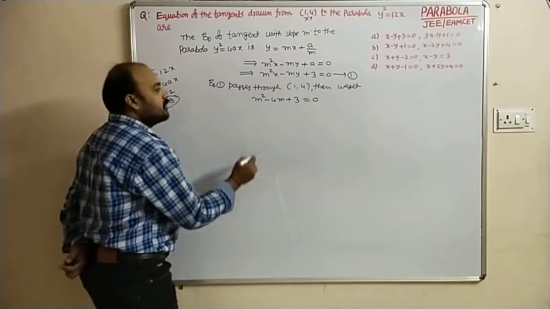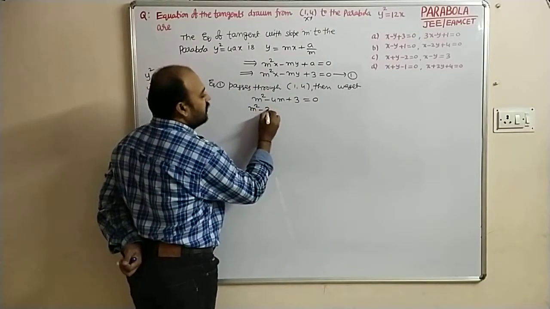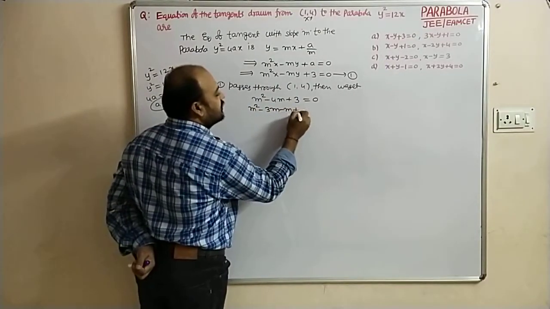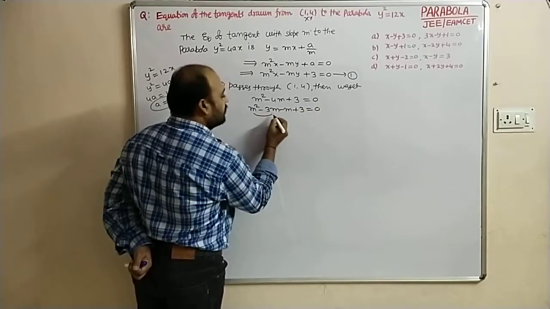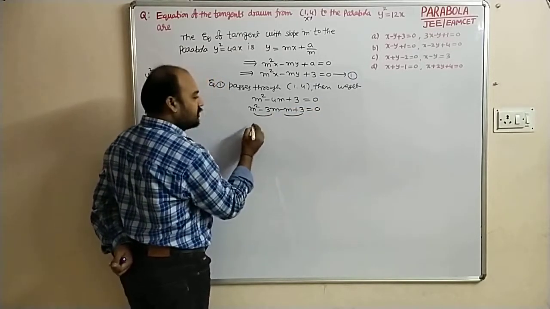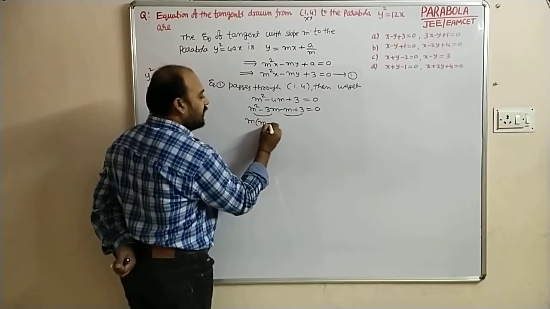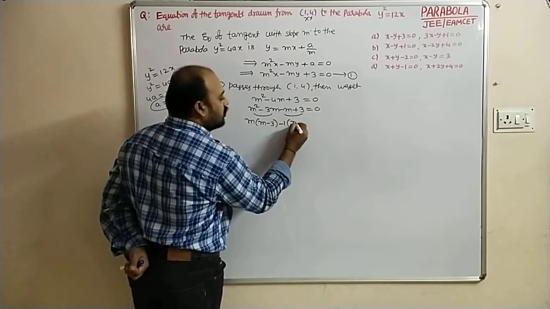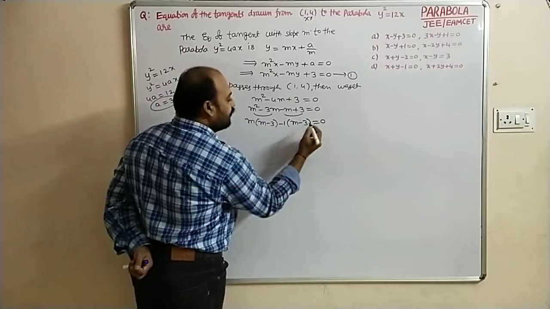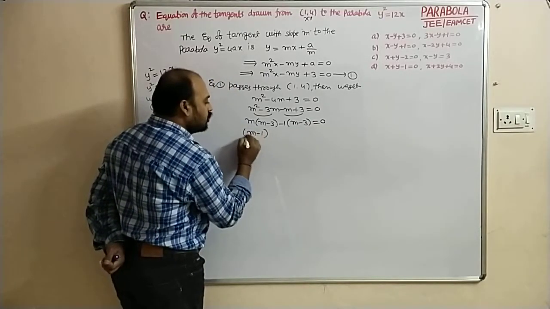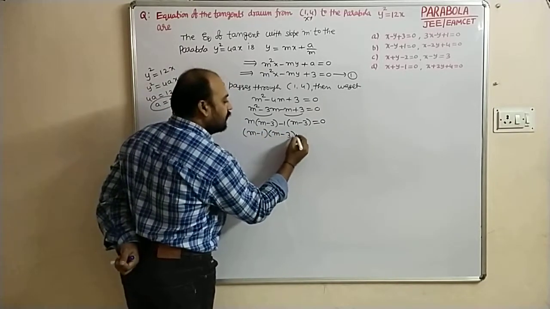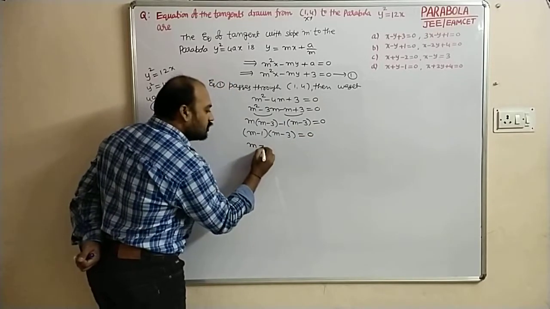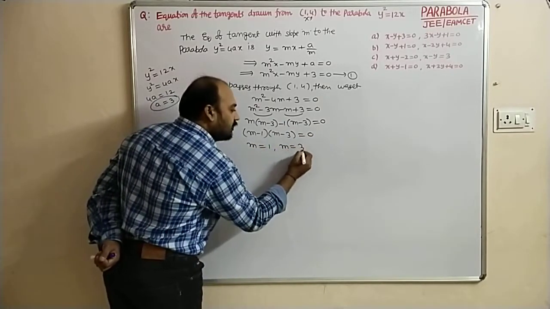We can write it as m square minus 3m minus m plus 3 equal to 0. From these two terms take m common, from these two take minus 1 common. m into m minus 3 minus 1 into m minus 3 equal to 0. So m minus 1 into m minus 3 equal to 0. m equal to 1 and m equal to 3.